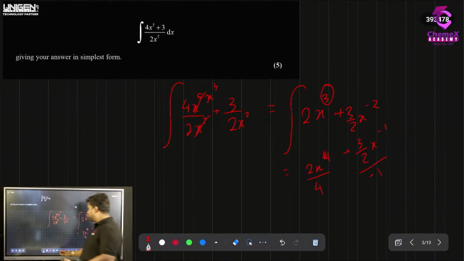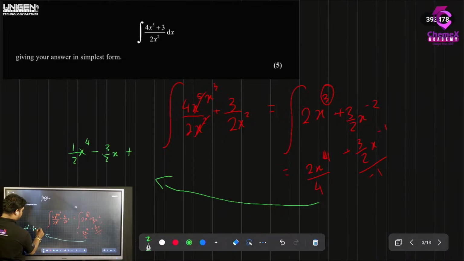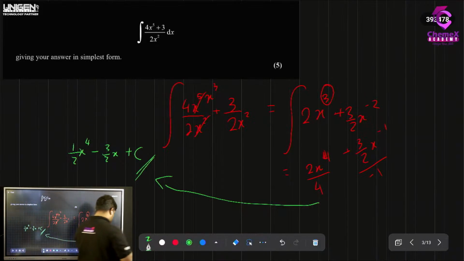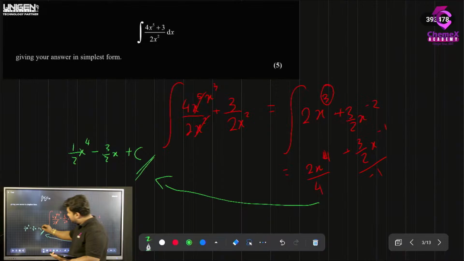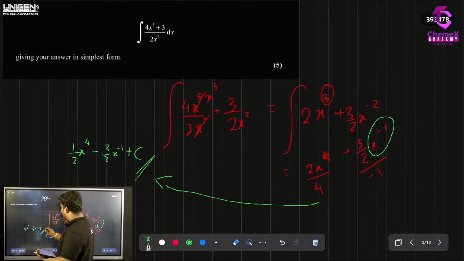So what's the final answer you get there? 1 over 2x to the 4 minus 3 over 2x plus c. Is it correct? There's minus 1 here. Why? I mean the minus 1. Got it? Plus c, don't forget to write.